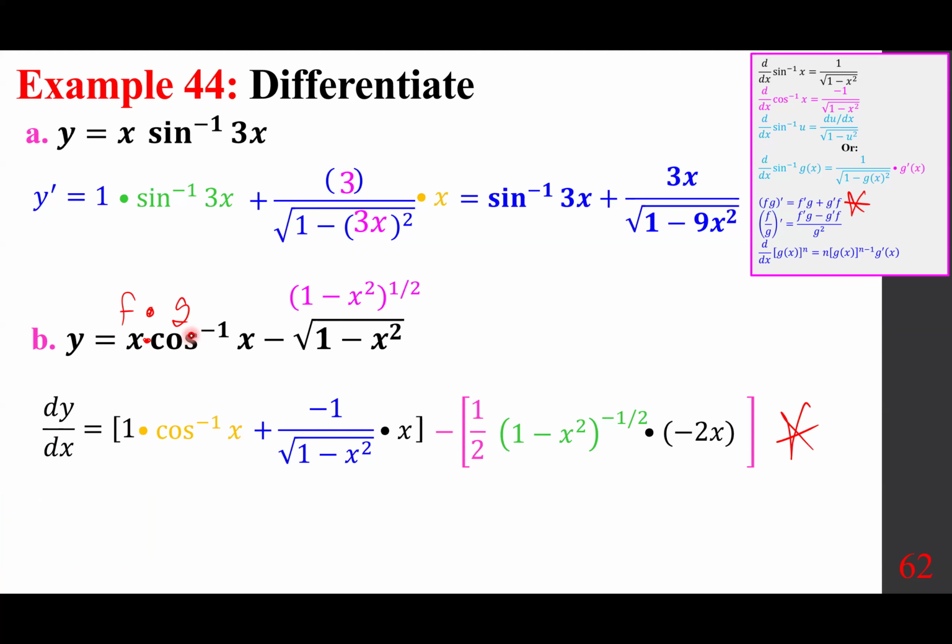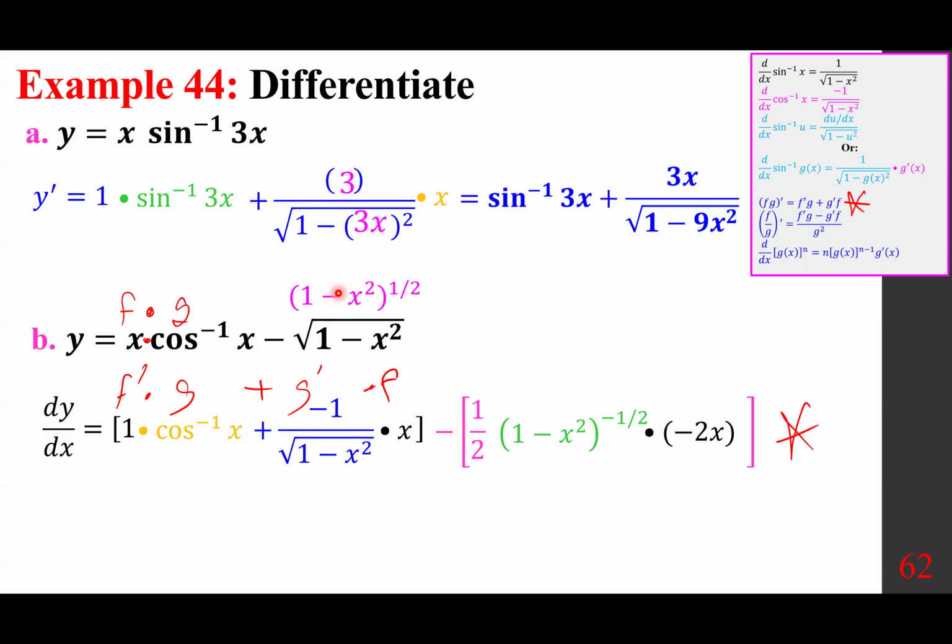This part requires the product rule f prime g plus g prime f. F prime is 1 times g, which is cosine inverse. G prime is negative 1 over the square root of 1 minus x squared times x, which is f.